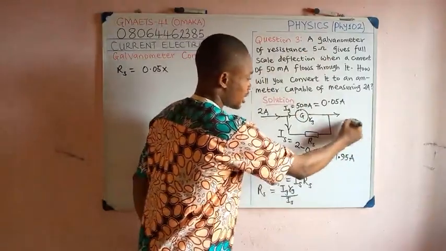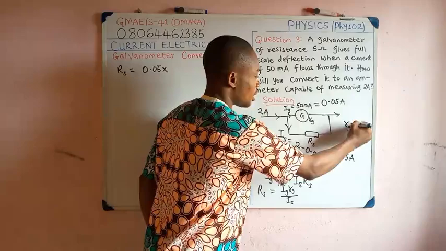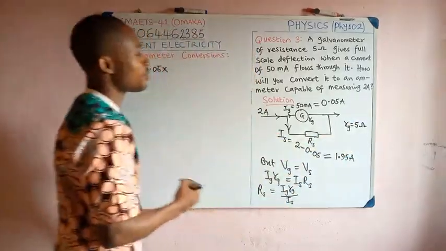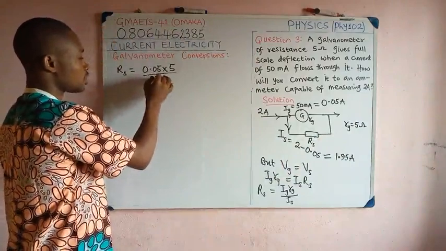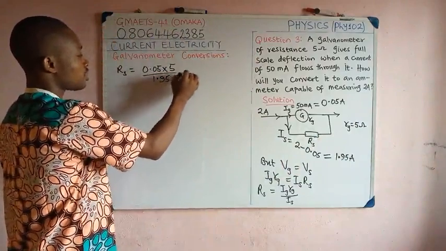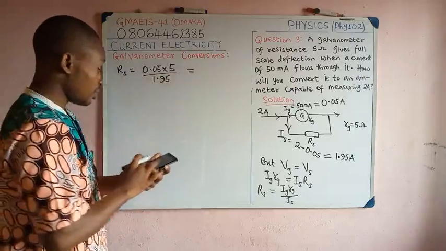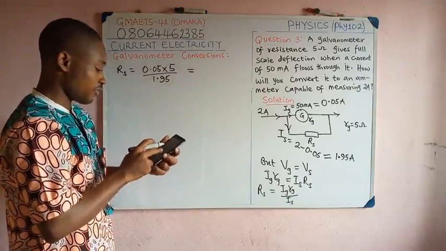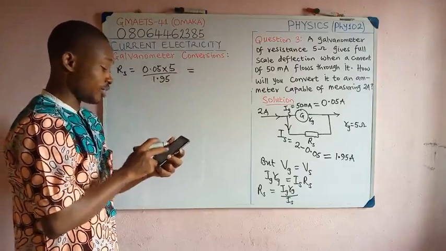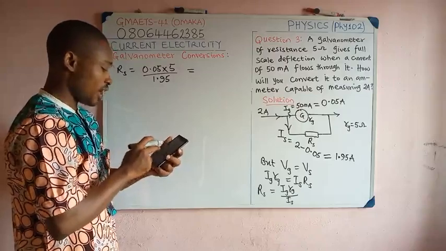So I'm going to multiply by 5 and then divide by the current through the shunt, which is 1.95. So we need 0.05 times 5, divided by 1.95.